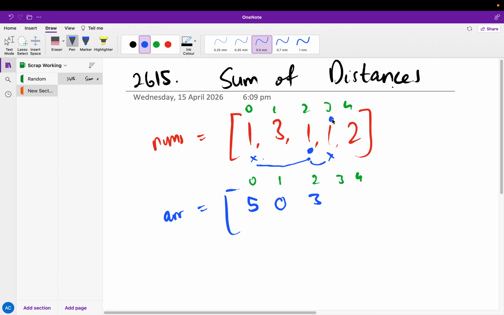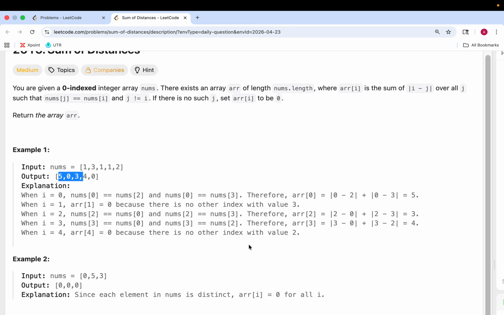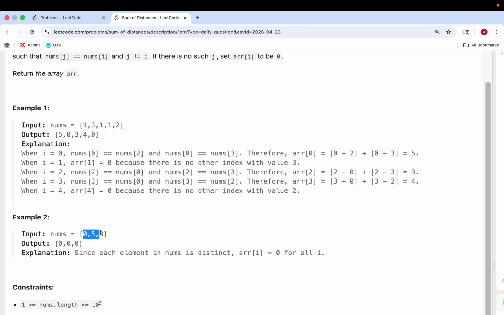And then looking at index 3, I'm looking for all the 1's, which are here and here, so I've got 1 plus 3 gives me 4. And then looking at index 4, I have a 2. There aren't any other 2's, so I think this would be my array. It's my understanding of the problem. 5, 0, 3, 4, 0. Okay, so that's how that works. And then in the second example, it's all zeros because there's no duplicates.